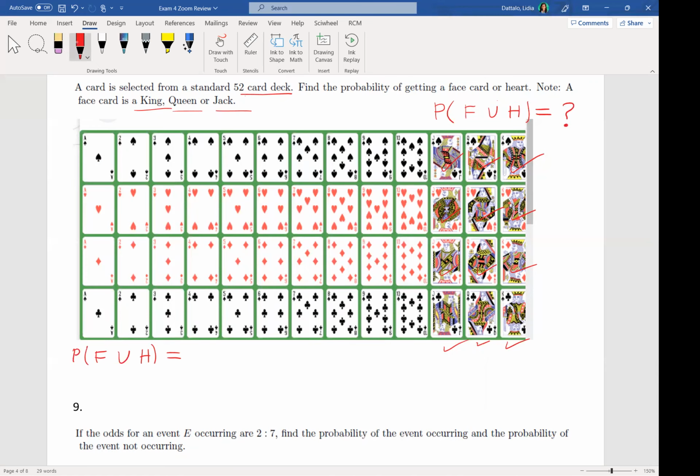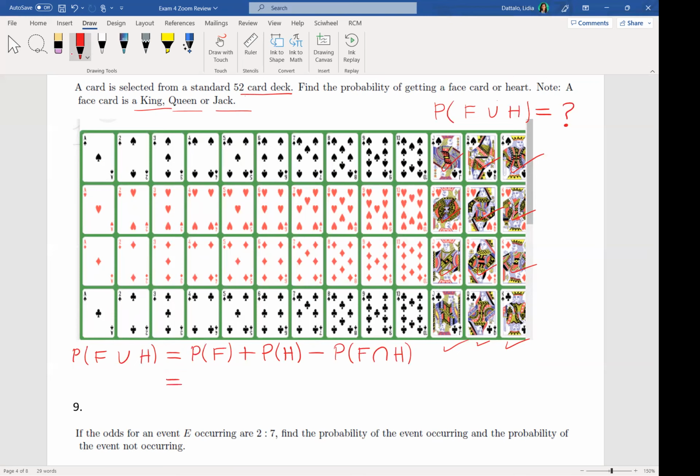This is the probability of the union. We can rewrite this as the probability of getting a face card plus the probability of getting a heart minus the intersection, because we don't want to double count. The probability of the intersection of a face card and a heart.